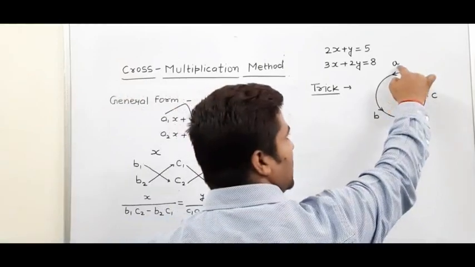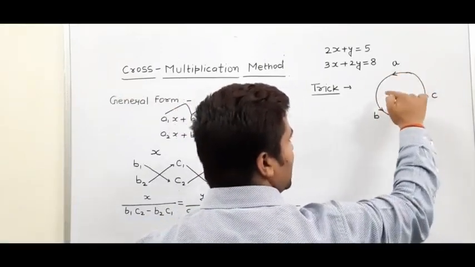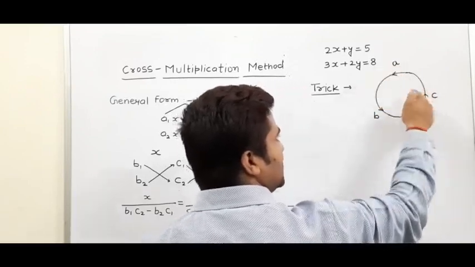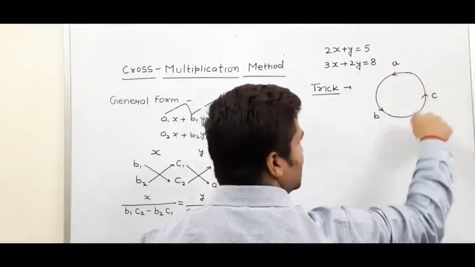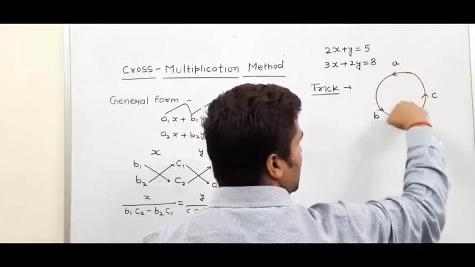So we are going to put the A, B, C in the order in which we have mentioned the arrows. Okay, it is anti-clockwise direction, so we are going to write down the alphabets A, B, C in that direction only. So A, B, C is here in the direction of the arrows.